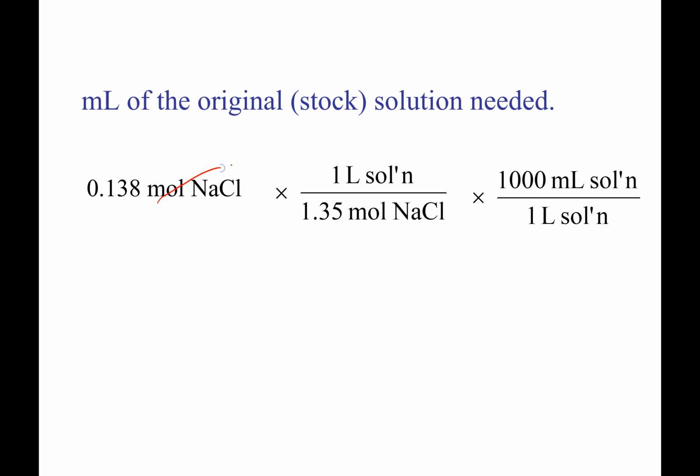So moles of NaCl have canceled. Liters of solution have canceled. We're left with units of milliliters of solution, which is perfect. Looks like 3 significant figures, and you're looking at 102 milliliters, which would be a difficult aliquot to get, but it's not impossible.